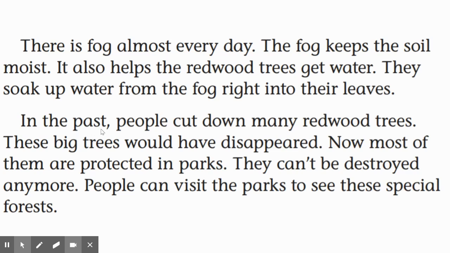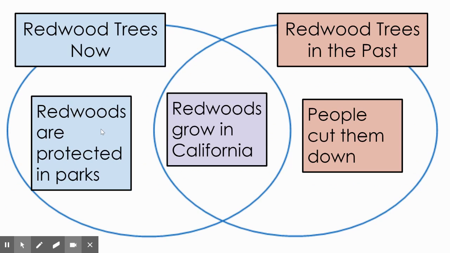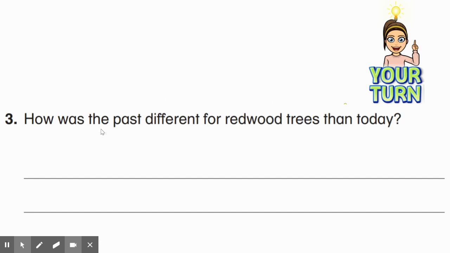That's a clue that my answer is going to be found in that paragraph. I can also go back and look at the Venn diagram we talked about, comparing redwood trees now and in the past. So second graders, I'd love for you to put that information into a sentence in your own words and complete your answer to number 3. How was the past different for redwood trees than today?